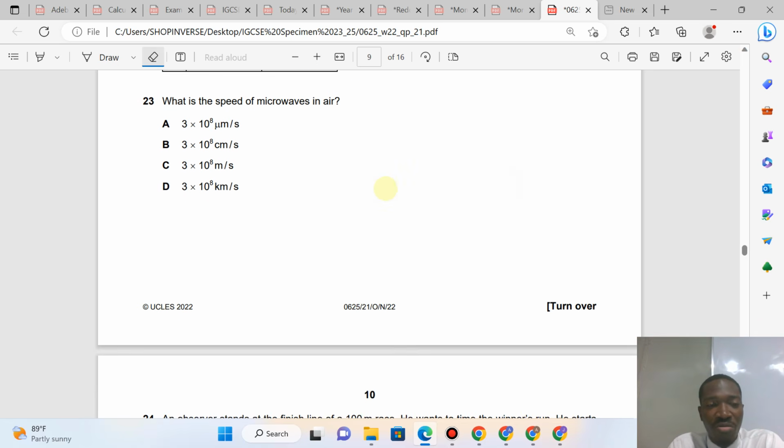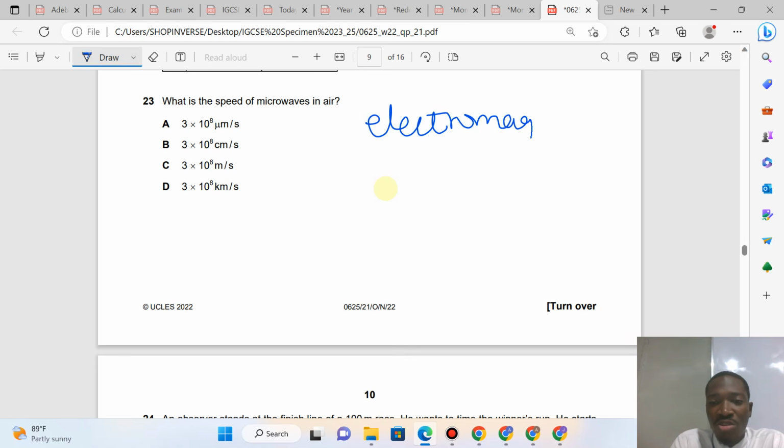What is the speed of question 23? What is the speed of microwave in air? Do not forget that all electromagnetic waves travel at the speed of light in vacuum. And the speed of light in vacuum is approximately the speed of light in air, and that is 300 million meters per second.